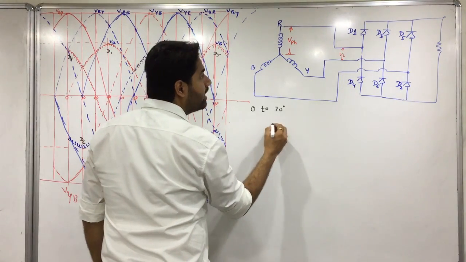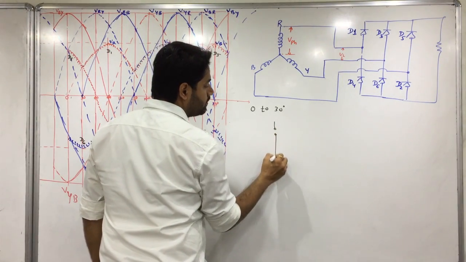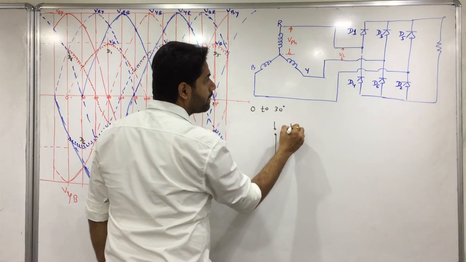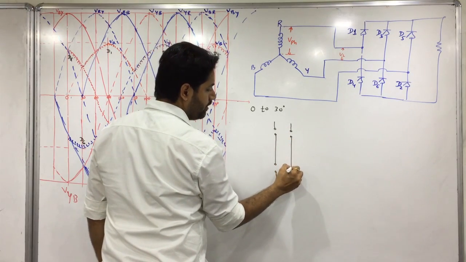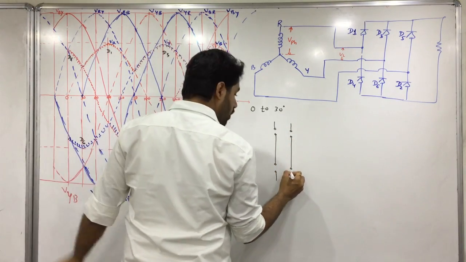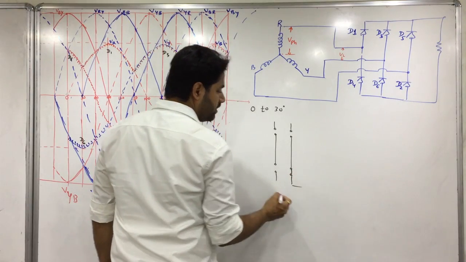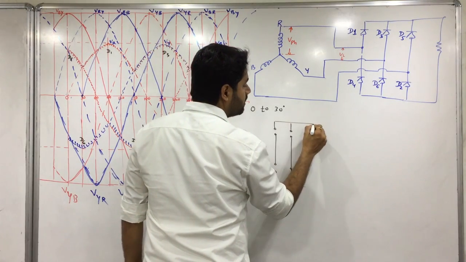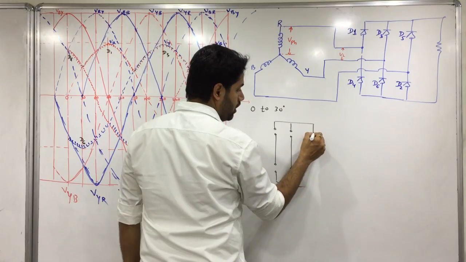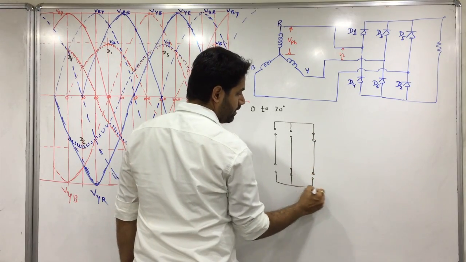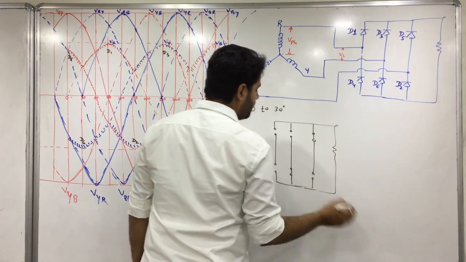So we can say that this is open, this is open, this is open, this is short, and this is short and this is open. And this is my load.